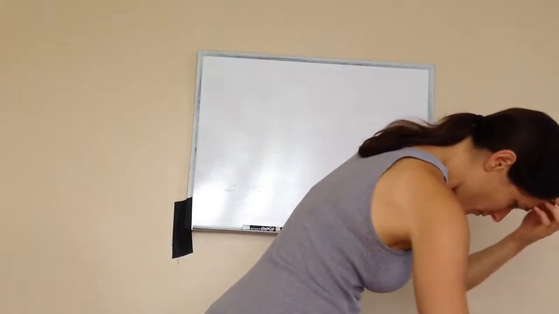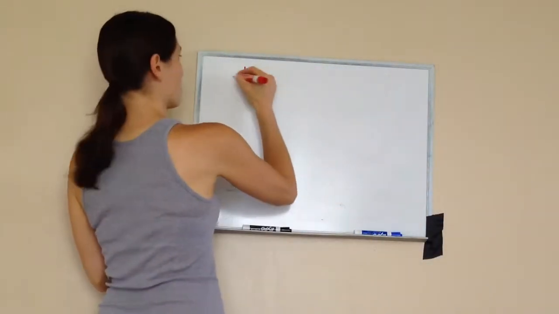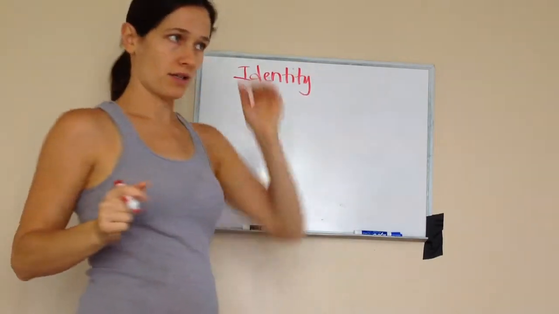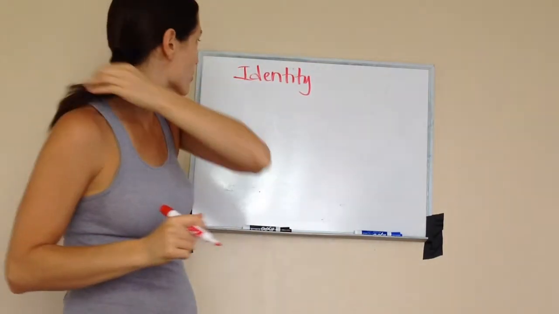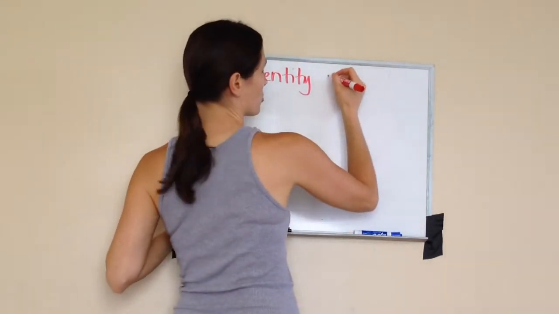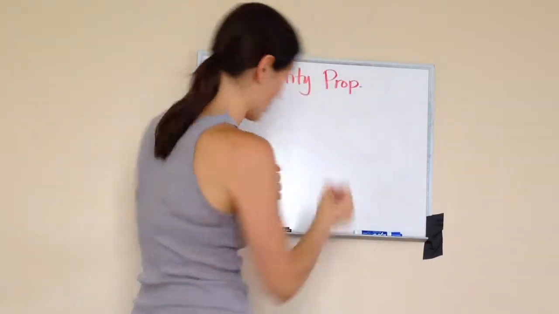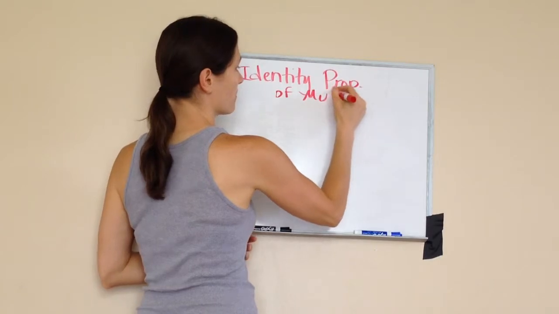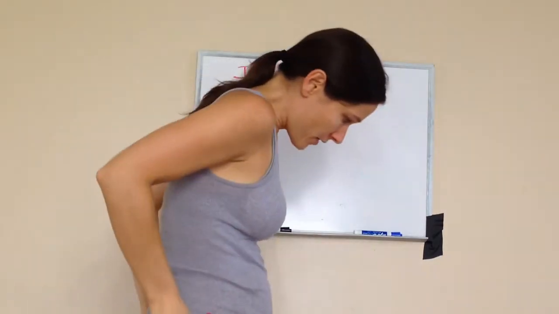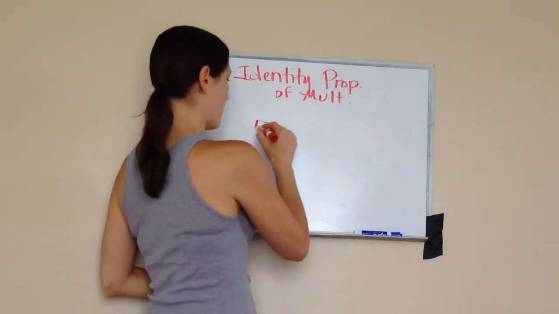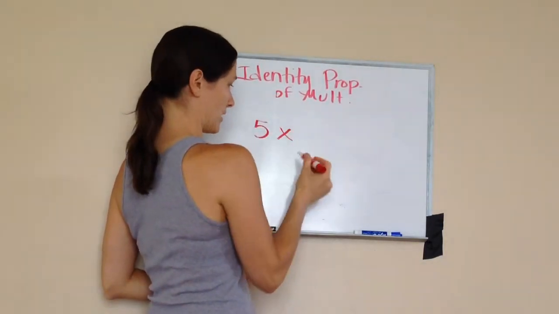Now, back to the identity property. We were doing all adding properties, and now we're doing the properties of multiplication. So now we're going to do the identity property of multiplication. For example, I have a 5 and I'm multiplying it.